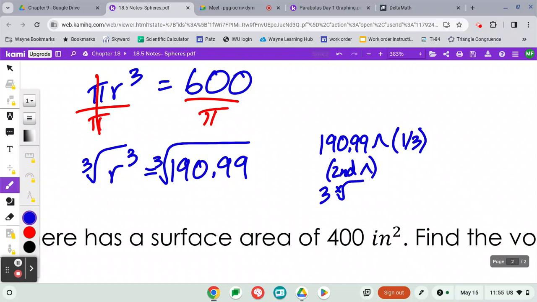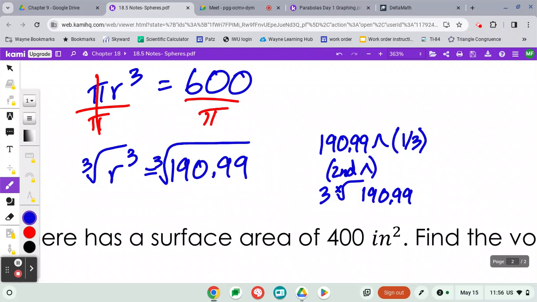That will put the 3 in place of the x. It will be the cube root of, and then you'll type in 190.99, okay? And then you'll hit enter. So either option is possible. I think the top one might be a little easier. Cube root is the same as 1/3 to the power, but you have to put parentheses or else it'll raise it to the first and then divide by 3.